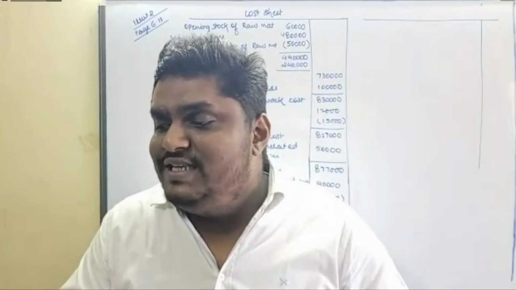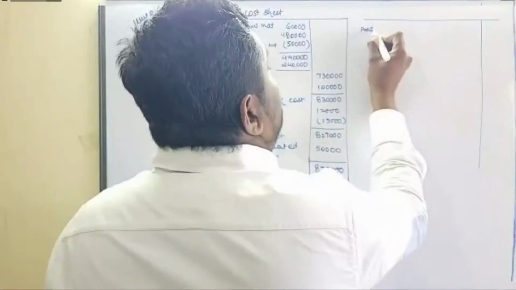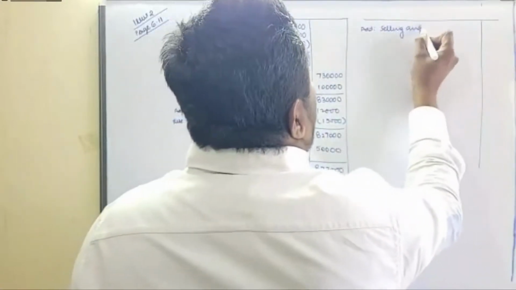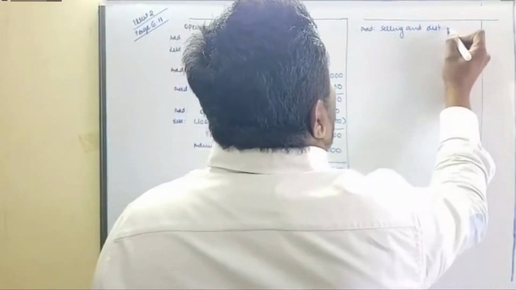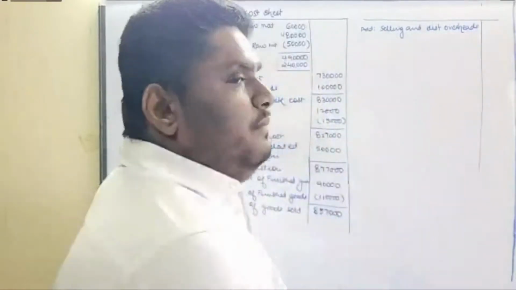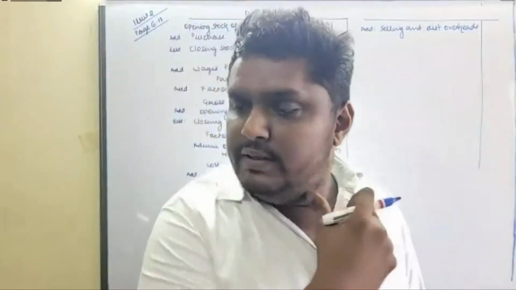Further, information is given as regards selling and distribution overhead, and it is given in the question that it is 25,000.